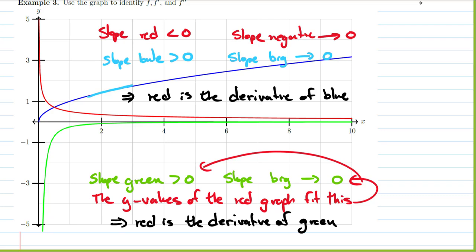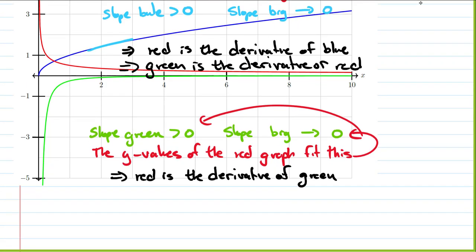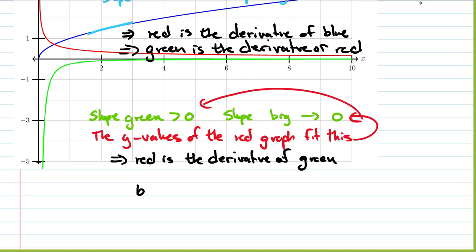Indeed they do. So if red is the derivative of blue, we can then also conclude that green is the derivative of red. So then that would make blue F.